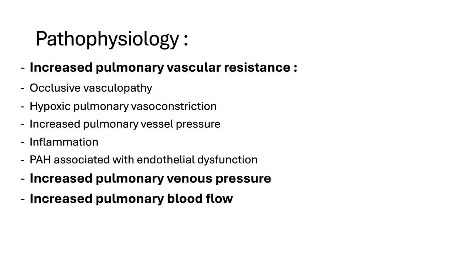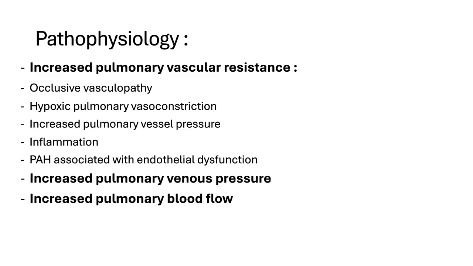So coming to the pathophysiology mechanisms, first we have increased pulmonary vascular resistance. Increased pulmonary vascular resistance can be associated with occlusive vasculopathy. It can include hypoxic pulmonary vasoconstriction, which can be a chronic condition due to COPD or obstructive sleep apnea.